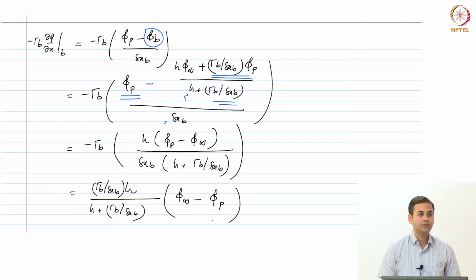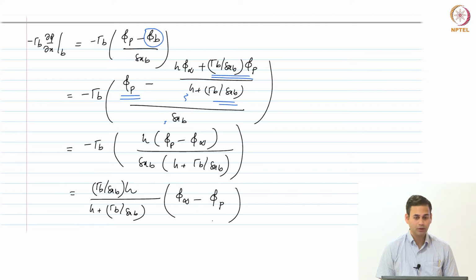Is that correct? Essentially the west face flux gamma b partial phi partial x b we have written completely in terms of phi p, the dependent variable at the cell p, and in terms of phi infinity, right? So phi infinity is the free stream scalar value or the temperature value, okay?